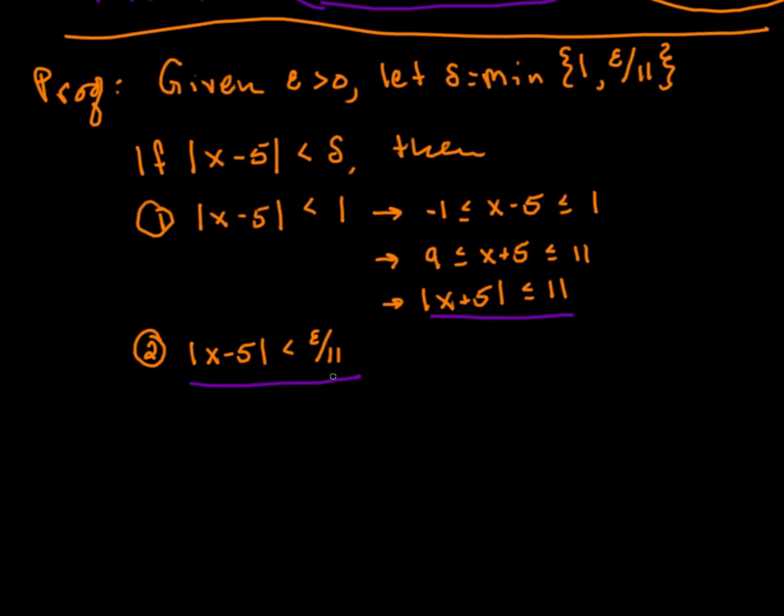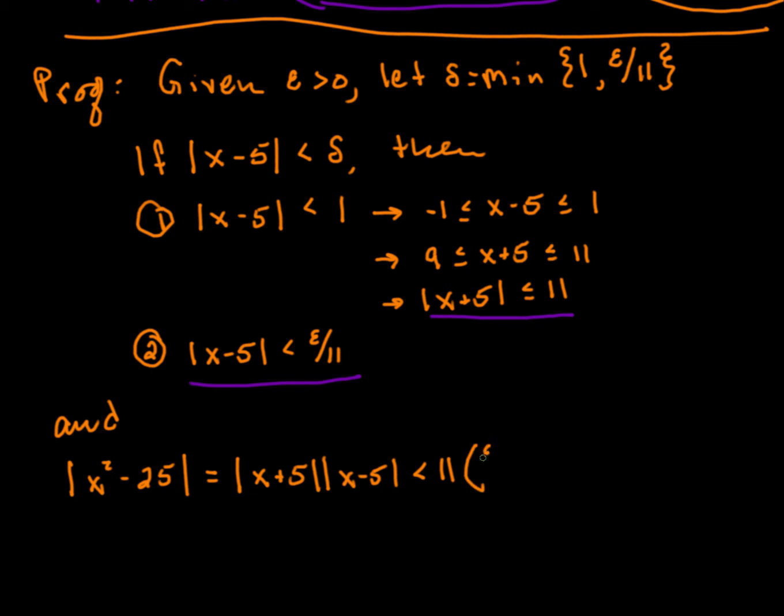Putting that together, if |x − 5| < δ, these things are true, and what else is true? Well, x² − 25, the function we're trying to get a handle on, is equal to (x + 5) times (x − 5), and |x + 5| is less than 11, and |x − 5| is less than ε/11, and this just equals ε.